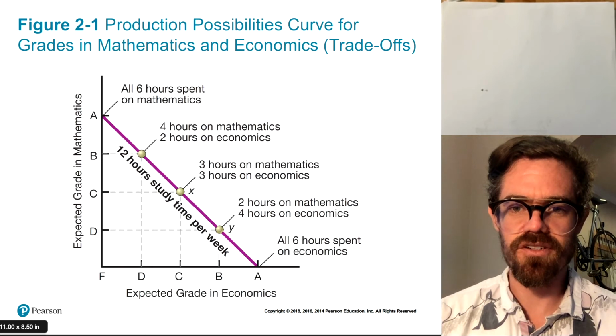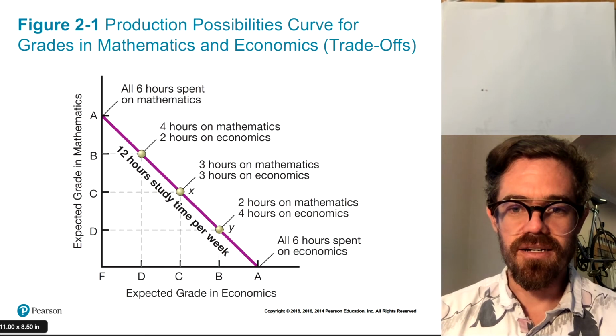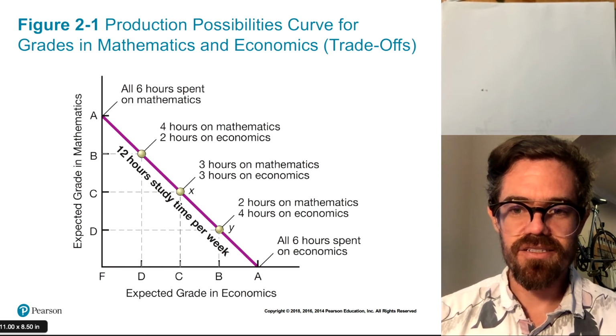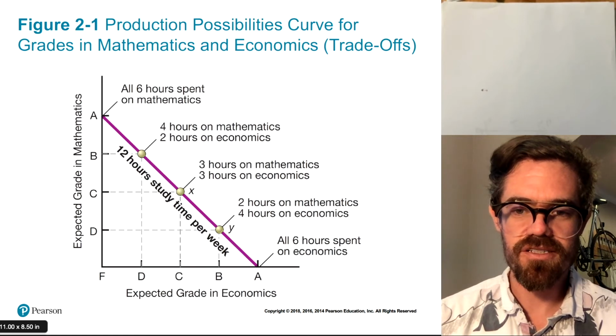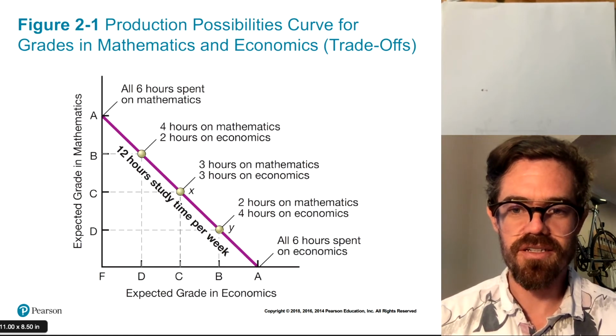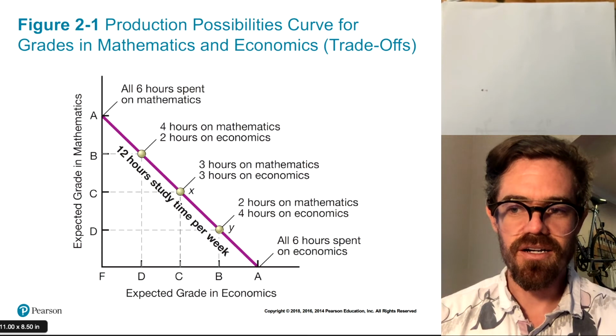So here is a first example of a PPC or a PPF, and this would be a PPC for an individual, maybe yourself here. Again, let's take this step by step and make sure we understand what this graph is telling us. Like I said earlier in the Appendix A video, I always like to make sure I understand what is on the axes.